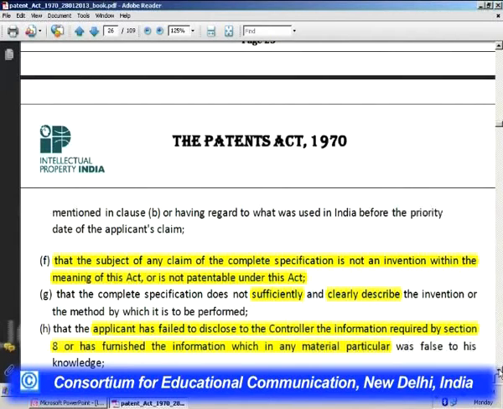If you remember Section 3, which provides what are not inventions, a list has been given of what are not inventions as per Section 3. So if somebody's work is falling under Section 3, or is non-patentable, does not have patentability, in that case his patent application has to be denied the patent, or his claim has to be denied the patent.